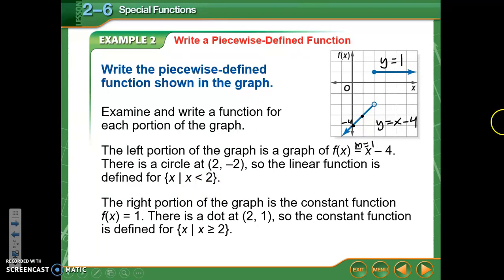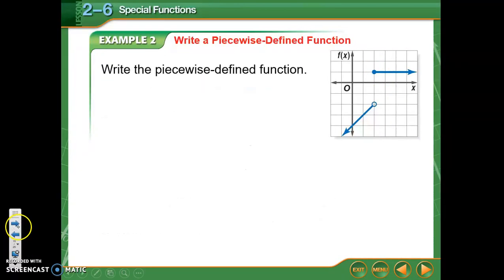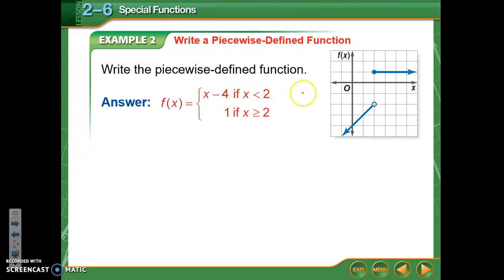The right portion of this graph has a filled-in dot at x equals 2, so that's defined for x greater than or equal to 2. And so our final function would look like this: x minus 4 for x less than 2, and 1 if x is greater than or equal to 2.